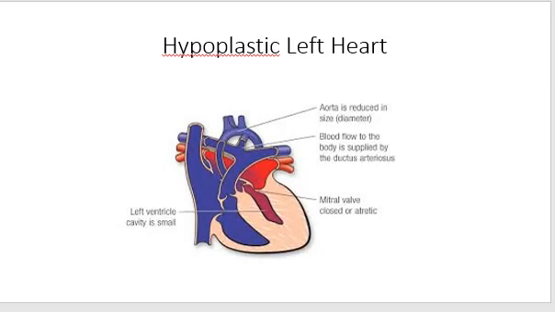This is where you have hypoplasia, or underdevelopment, of the left side of the heart. It results in an absent or non-functional left ventricle, and hypoplasia of the ascending aorta.